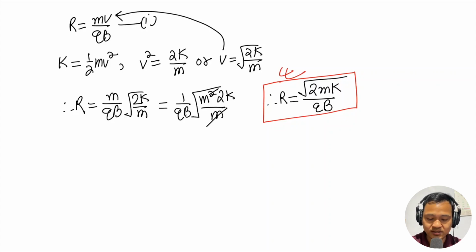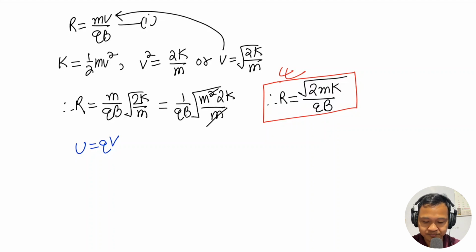Then in terms of potential, that is potential difference: the energy is q into V. So in place of K I can write q into V, since it is potential energy for the electron or proton, which becomes kinetic energy.